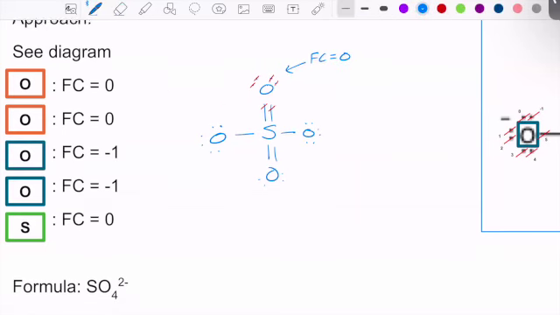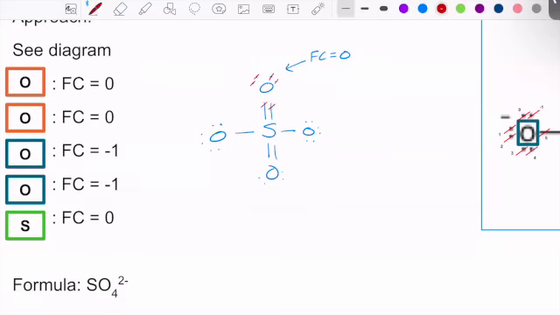In terms of the other oxygen, we can apply the same thing. It's 6, so we go 5, 4, 3, 2, 1, 0. Its formal charge is thus 0 as well. Now, we look at the other atoms. I'll change color just to make it easier to see.